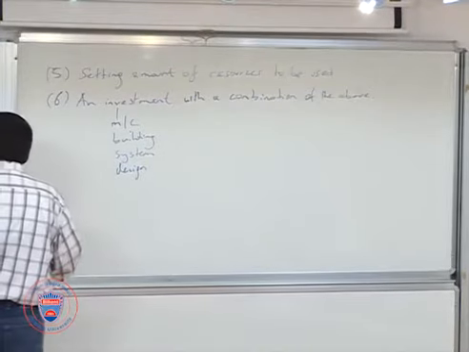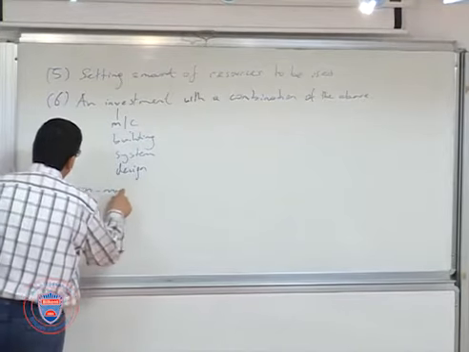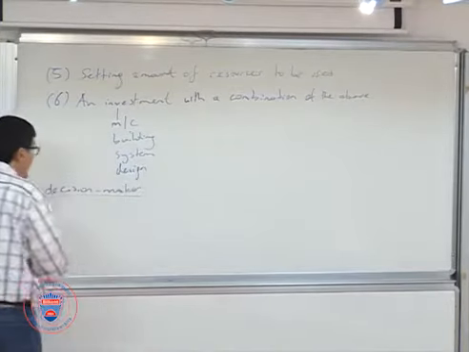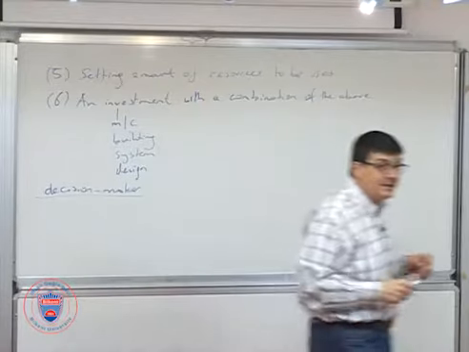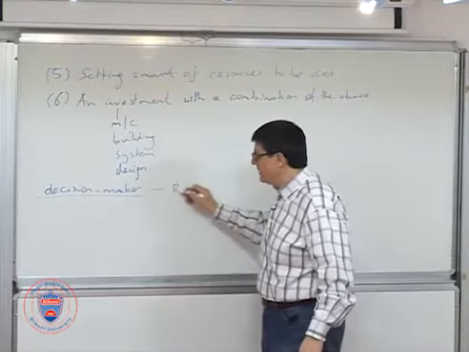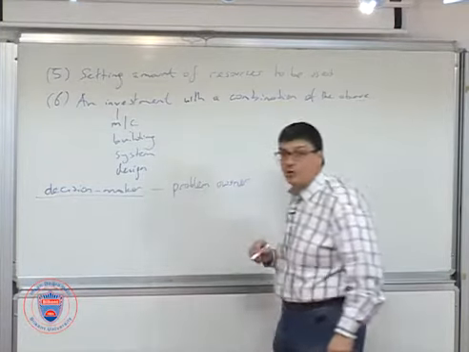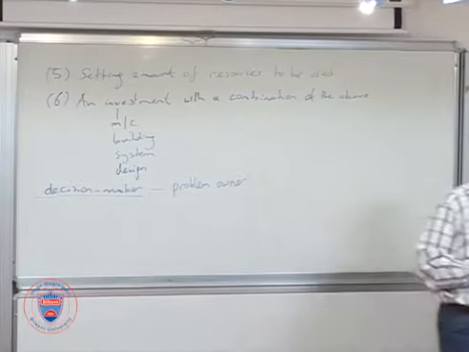Now, let me go further. Now, we are talking about a decision maker or a group of decision makers, we said. Now, what we mean by a decision maker can be considered as the problem owner as well, in most of the cases.